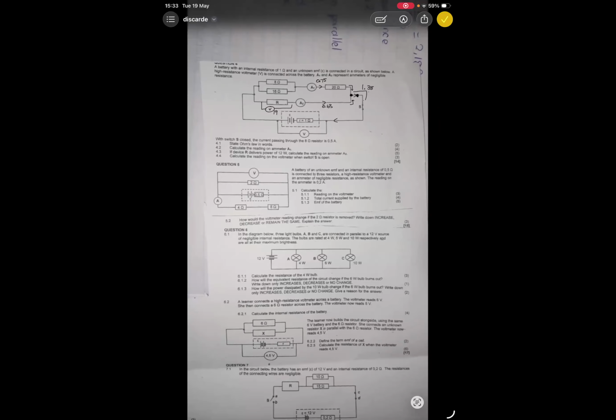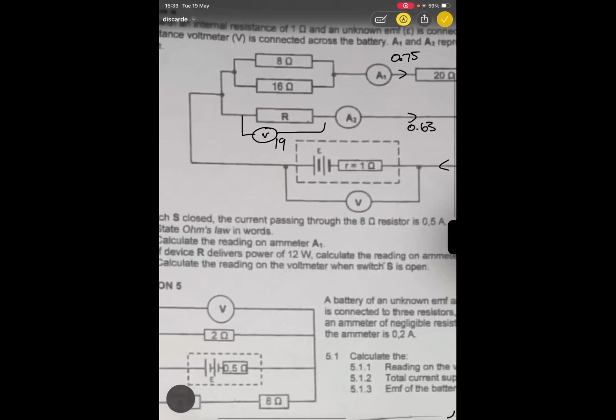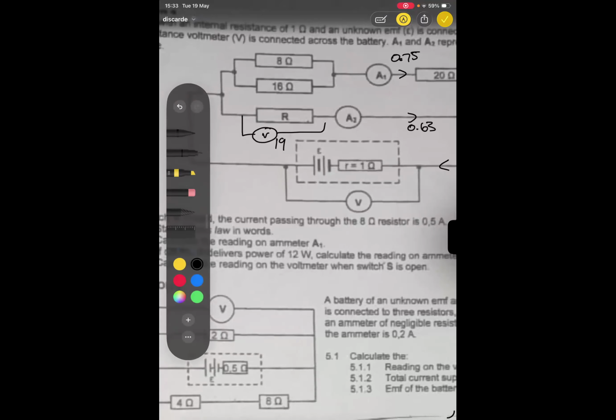Please calculate for me the voltage lost here.